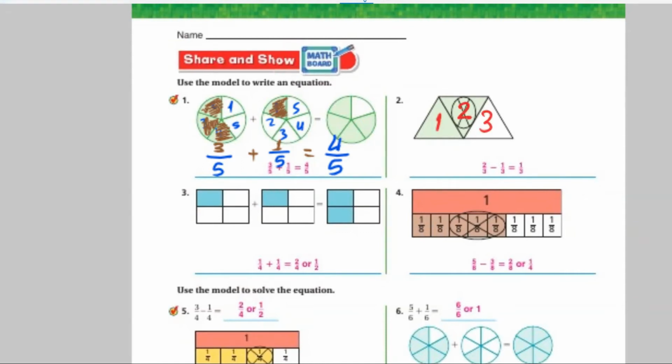So we have 3 parts in total. So let's write the denominator as 3. And then how many shaded boards here? As we all know, we have 2 shaded boards. 2. And what is the meaning of this sign, this X?